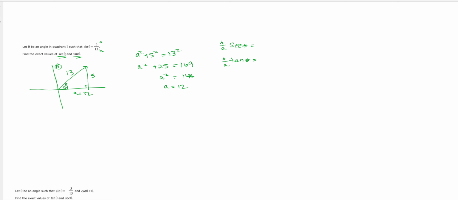So when I'm looking at my triangle here, secant is the hypotenuse, 13, over the adjacent, which is 12. And tangent is opposite over adjacent, which would be 5 over 12.